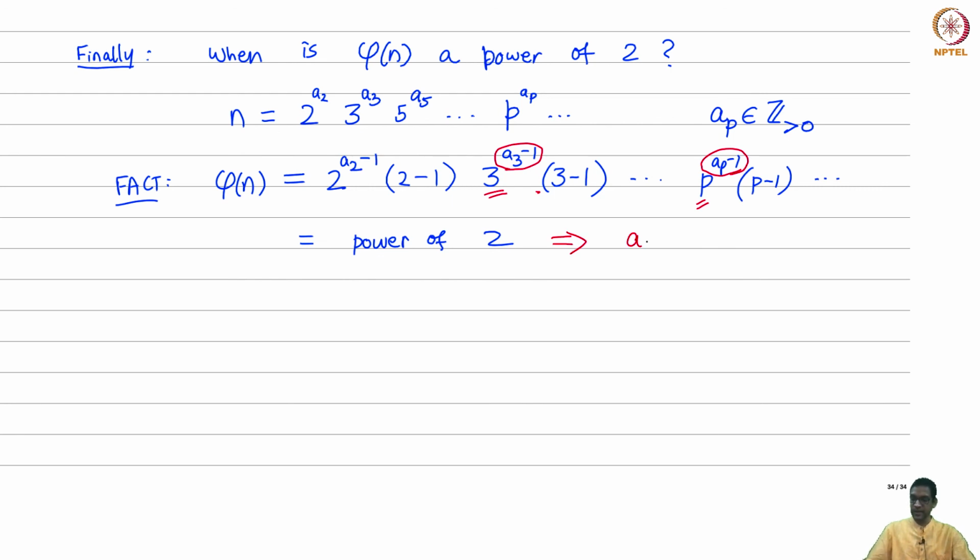Well, this implies that all these higher powers, so AP has to be 1 for all primes P which occur, for all prime factors P of n other than 2.